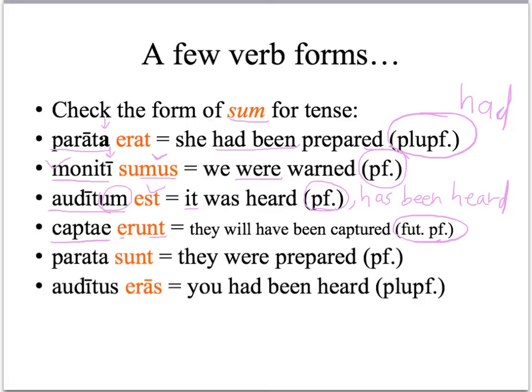They will have been captured. Perfect passive participle, present tense of sum gives me perfect passive. They were prepared, or they have been prepared. Perfect passive participle, imperfect of sum makes for a pluperfect passive. You had been heard.